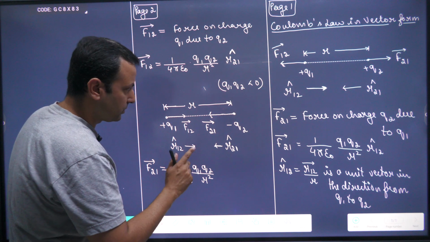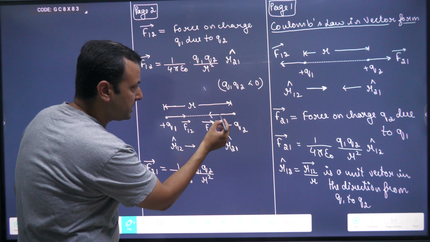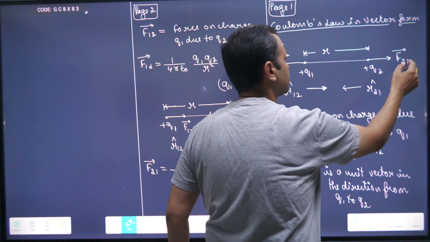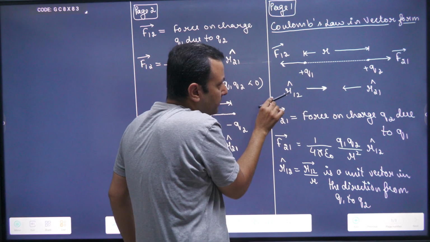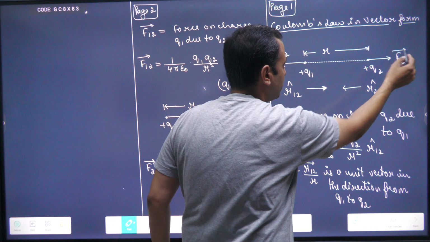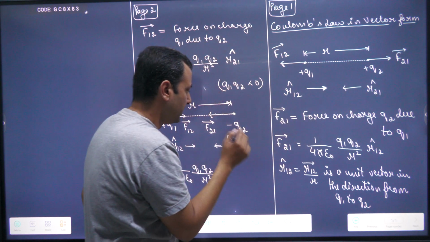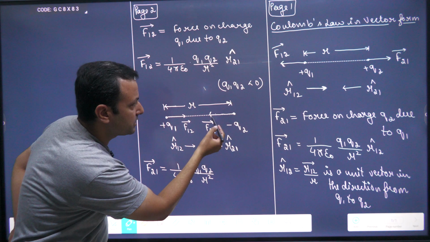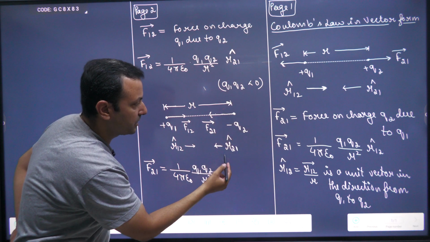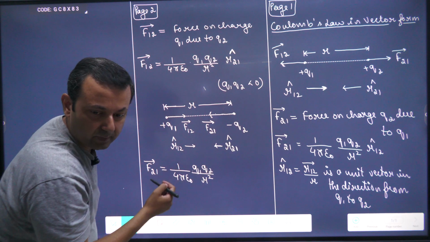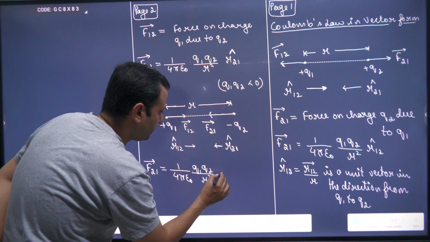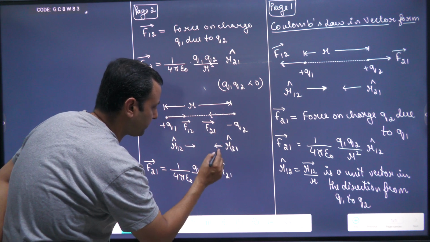No. In the earlier case, the F21 vector is like this, and the unit vector along this direction is R12 cap. That's why in the F21 vector we multiplied by R12 cap. But here the F21 vector is here, and in this direction, what is the unit vector? R21 cap. Understand? So we will multiply here with R21 cap.